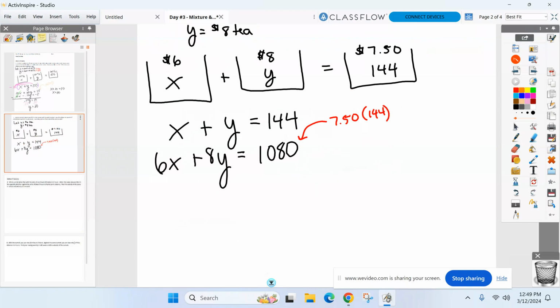You think you can go ahead and try to finish this on your own here? You can multiply the top by -6 or -8, whatever floats your boat. Remember to distribute all the way.